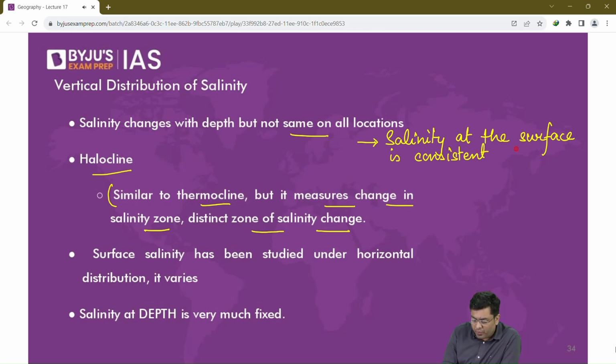I will take the doubts for the final 10 minutes. Don't worry, guys, I'll take all your doubts, as many as I can. As the surface varies, the salinity at the bottom is consistent.